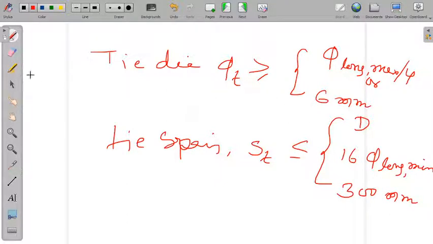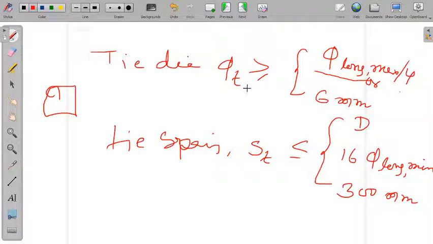What is it saying here? The diameter of the lateral ties we are using should be greater than phi long max, meaning the maximum diameter of the longitudinal bars, divided by 4 or 6 mm, whichever is greater.